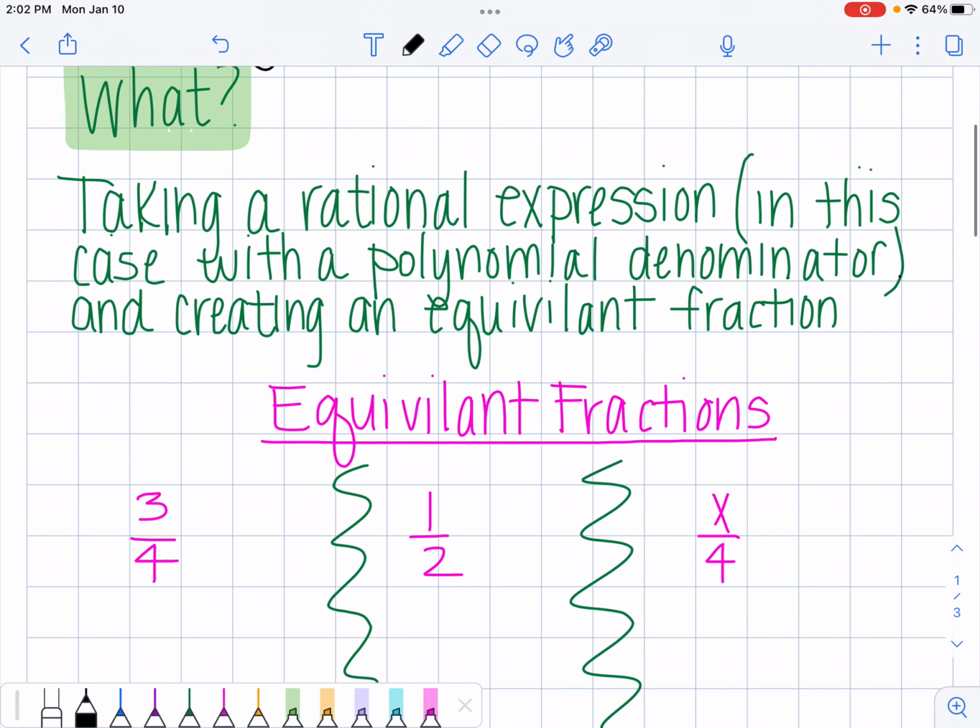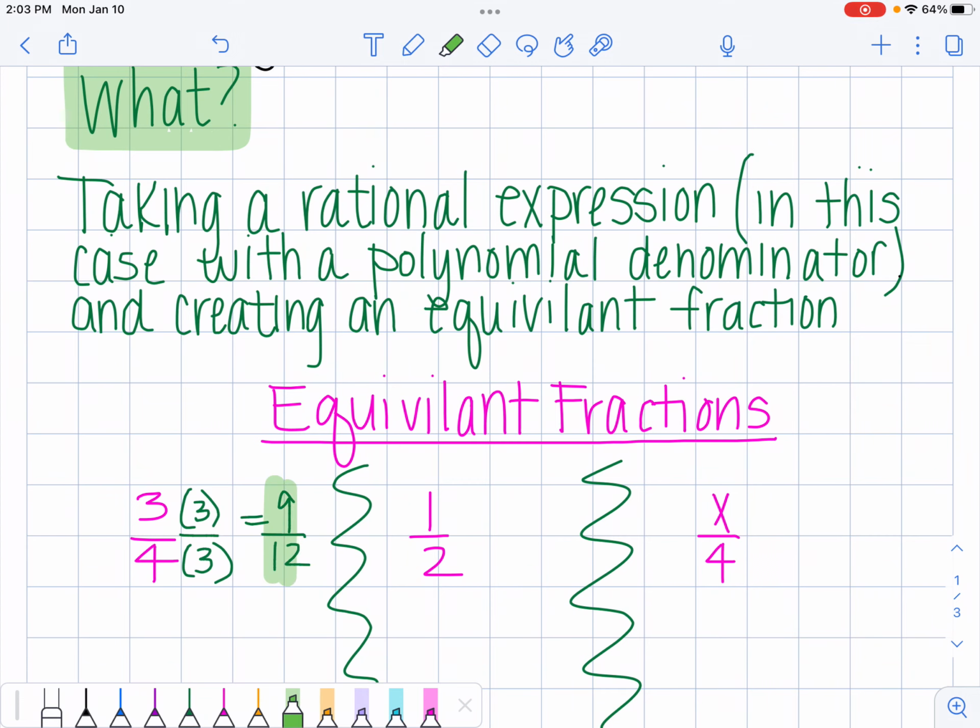I just wanted to look at this really fast and talk about equivalent fractions. To make a fraction that's equivalent, we usually multiply, sometimes divide, but both ways, multiply or divide the fraction by the same number on the top and the bottom to make something that's equal. So if I start off with an already reduced fraction like 3/4, and I multiply both the top and the bottom by 3, I get 9 over 12.